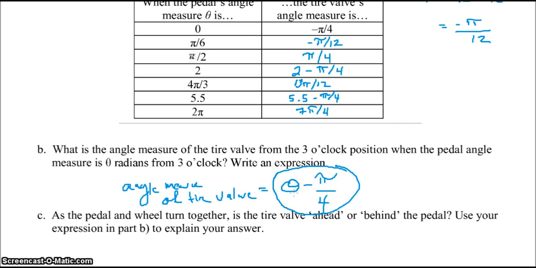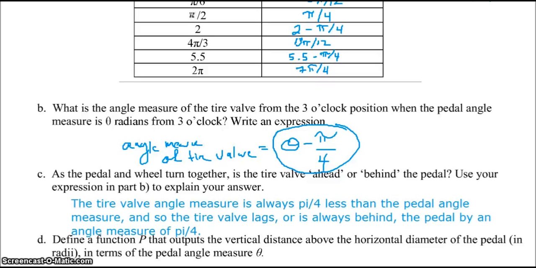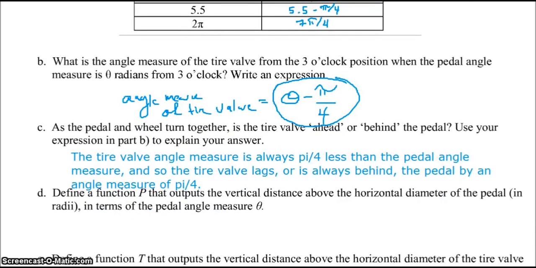As the pedal and wheel turn together, is the tire valve ahead or behind the pedal? I think it's behind, because we're always pi over 4 units behind. Define a function p that outputs the vertical distance above the horizontal diameter of the pedal in terms of the angle measure theta.